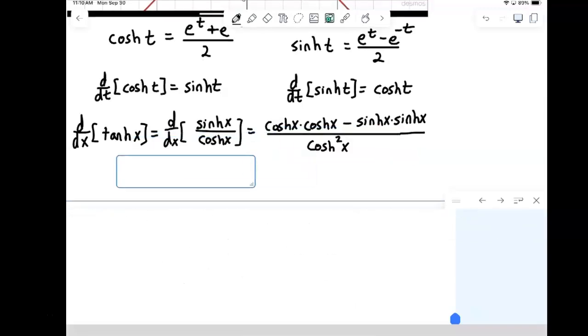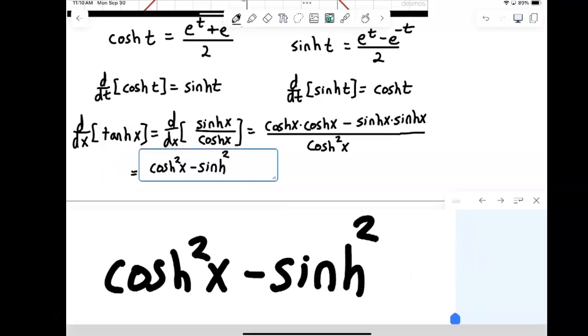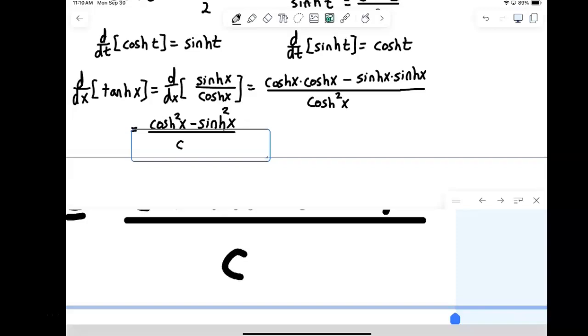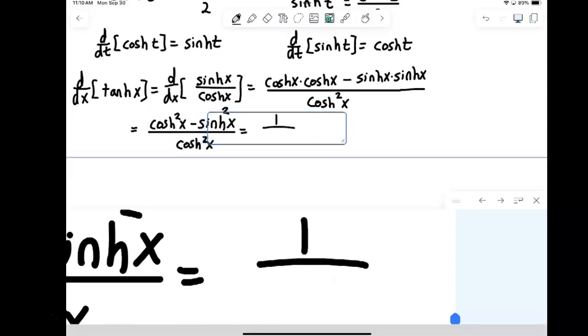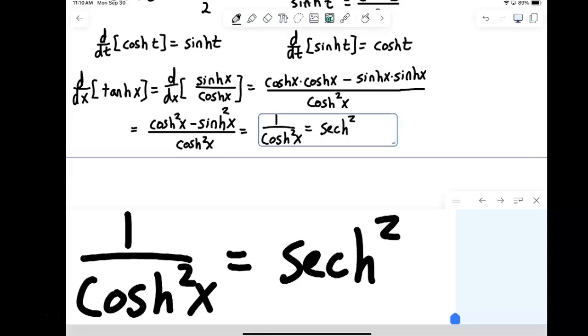So this is just going to be cosh squared minus sinh squared, all over cosh squared. But cosh squared minus sinh squared is 1. So it's 1 over cosh squared. But 1 over cosh is the hyperbolic secant. So this is the hyperbolic secant squared.